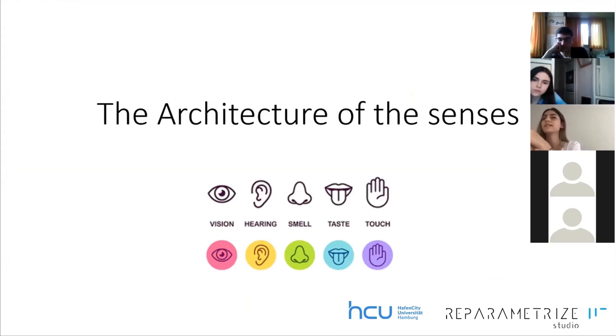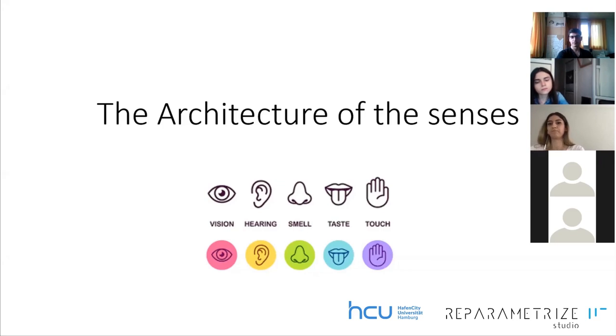What are the senses that we use to perceive a building? Maybe we all think that it's our vision, which is what we usually perceive buildings with, but is it really true that we perceive buildings only by our sight? As we know, it's the vision, the hearing, the smell, the taste and the touch that are our senses, where we perceive the world around us generally, not just in architecture.